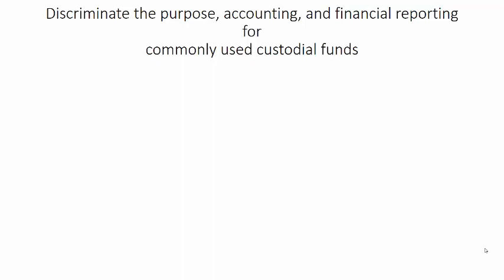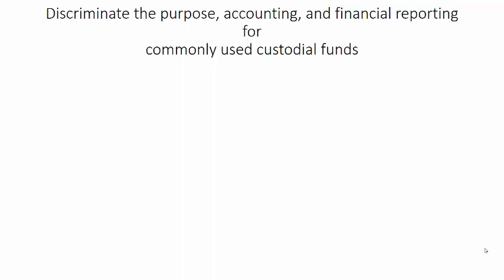Therefore, these custodial funds do typically have a charge that they charge these other governments and funds, or even withhold it from the amount that they disperse. And think about it. The general fund needs to be reimbursed for their expenditures and expenses that they have incurred in order to facilitate this custodial relationship.